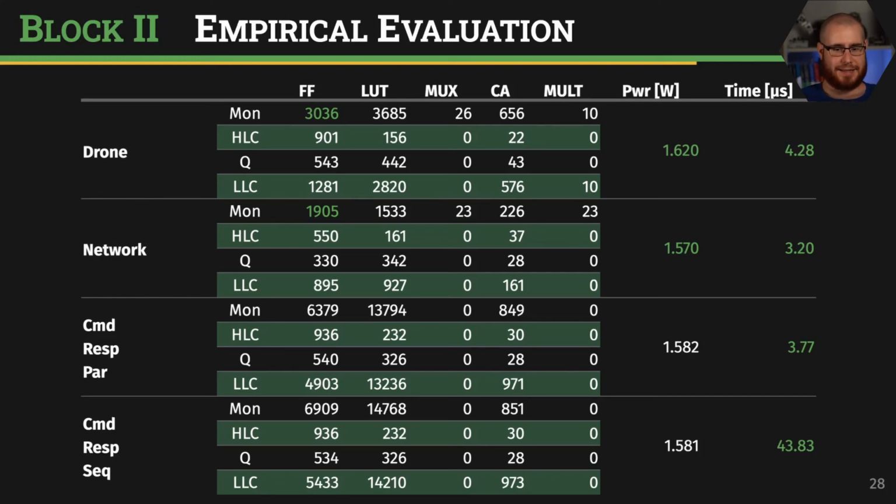And what we found is that the memory consumption was really low, as expected. Here in this case, we needed 3,000 flip-flops, and each flip-flop is a 1-bit memory cell. And for the network, we needed less than 2,000 memory cells. And the power consumption, this is the peak power consumption, was around 1.6 watts, which is extremely low and usually doesn't pose any problem on the system at hand.